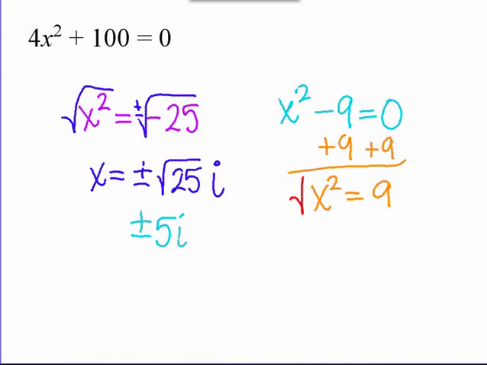Square root, and what's the important thing to remember? Plus or minus, so you get x to equal plus or minus 3. So if you don't necessarily like to factor with the squares, you can do that and get the same answer as well. Because this is not a negative 9. It's a positive 9. That's a negative 25.